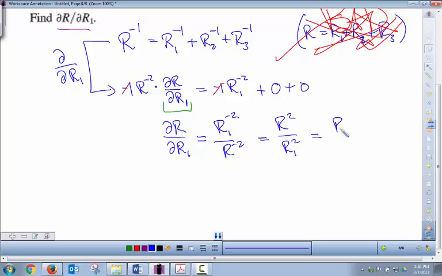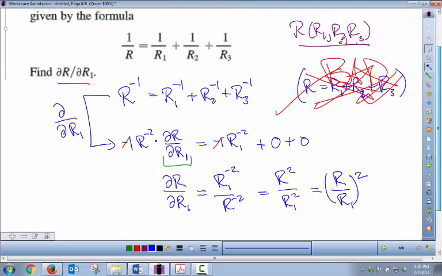Or R squared over r1 squared. So the rate of change of the resistance with respect to the first variable r1 is equal to this. Okay? All right, there's a lot to think about, I'm sure.